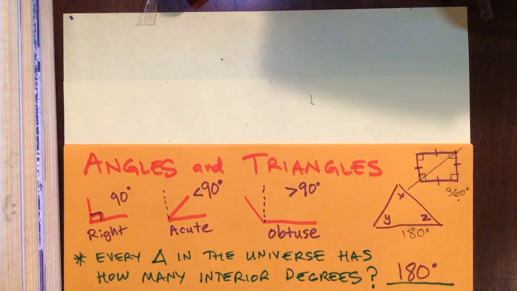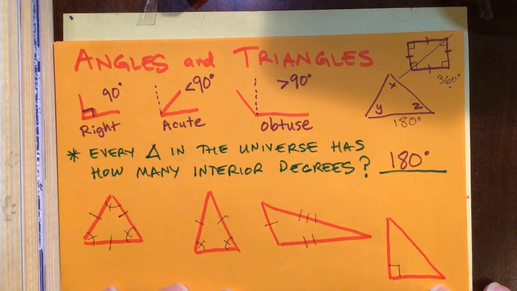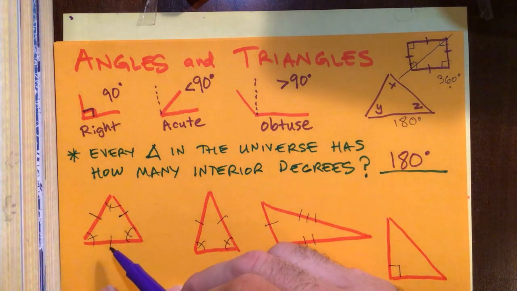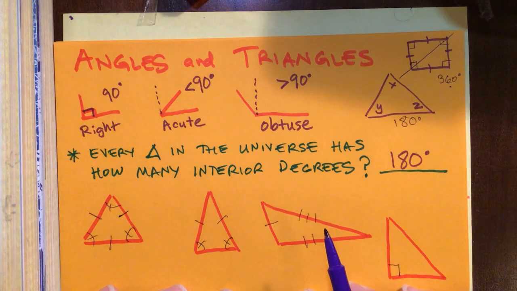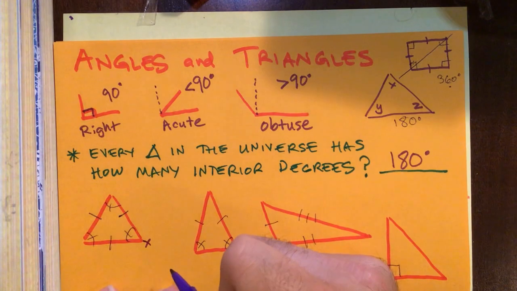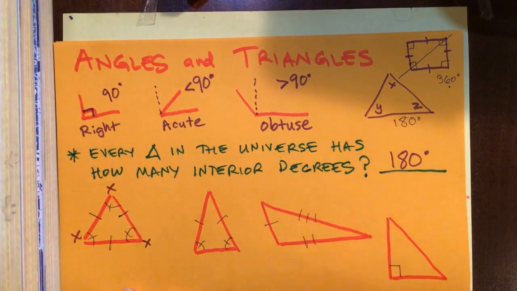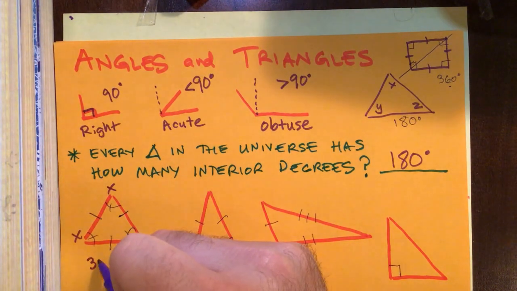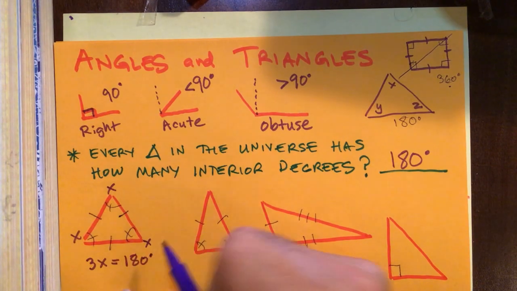All right, so let's look at the different types of triangles. Now the first one, if they have a tick mark on all 3 sides, the sides are equal, that means all the angles must also be equal. If all 3 sides or angles are equal, let's call one angle X. Since they're all equal, I could technically call them all X. So basically, 3 times X must end up being 180 degrees.